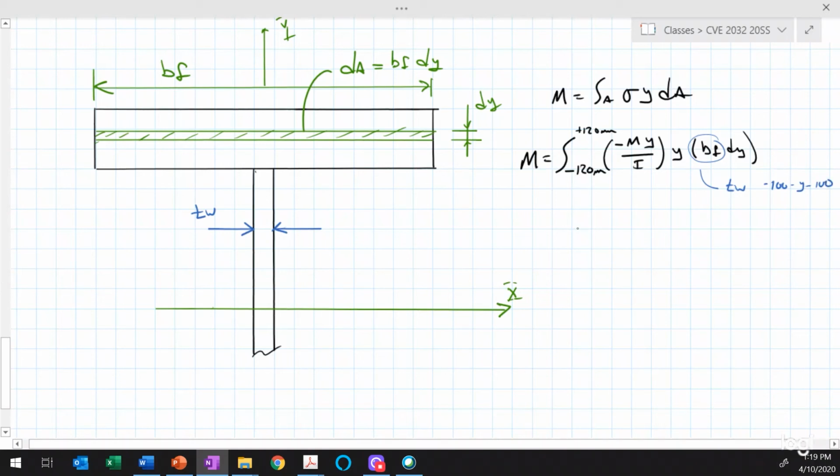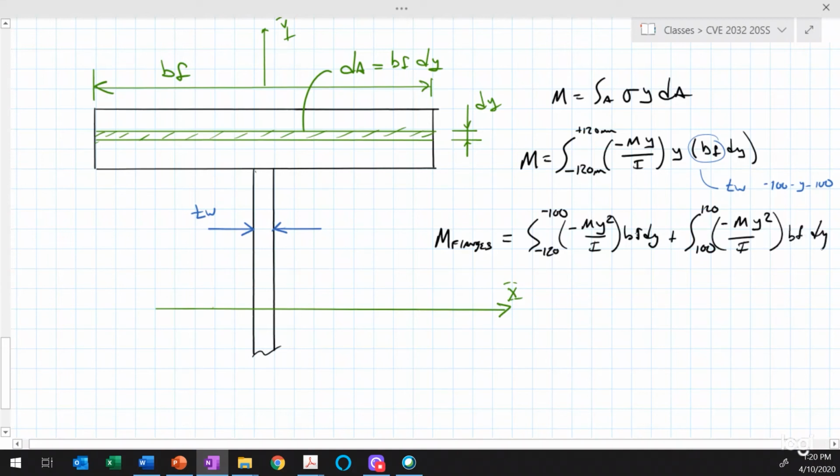What I'm interested in is the moment that's carried by the flanges. So we could say the moment that's carried by the flanges is equal to the integral from minus 120 to minus 100 of minus M times y squared over I times b sub f dy, plus the integral from positive 100 to positive 120 of minus M times y squared over I times b sub f times dy.